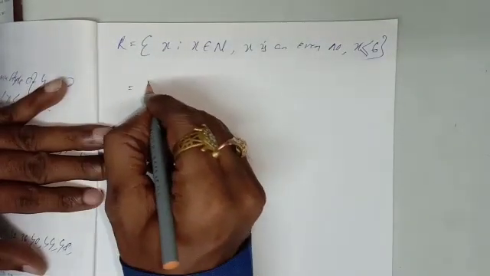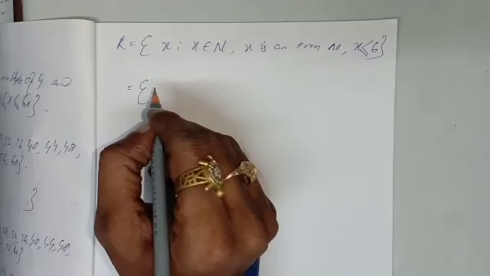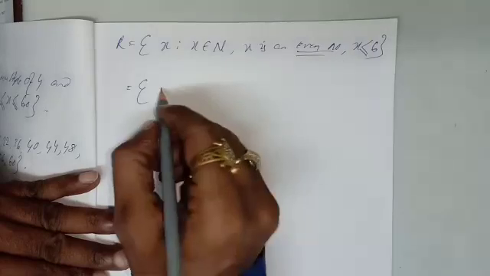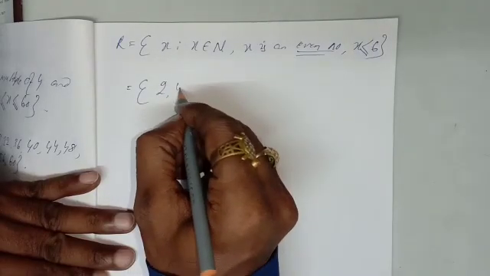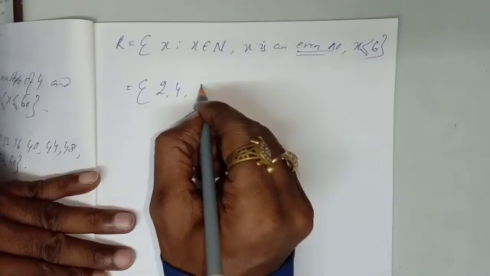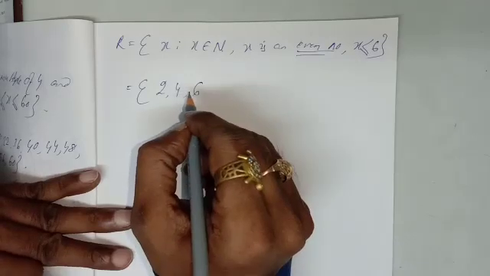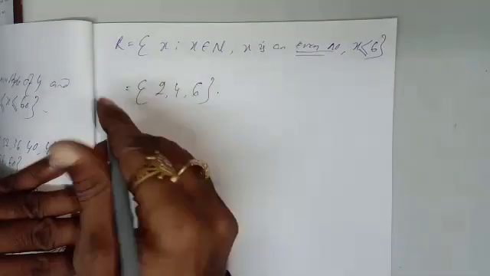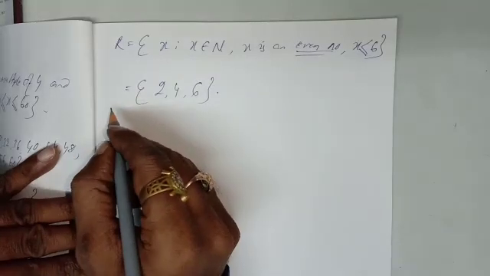So what are the elements in the R set? As it is given natural number and even number, start from 2, 4, and only even numbers less than or equal to 6 are 2, 4, 6. This is the set R.